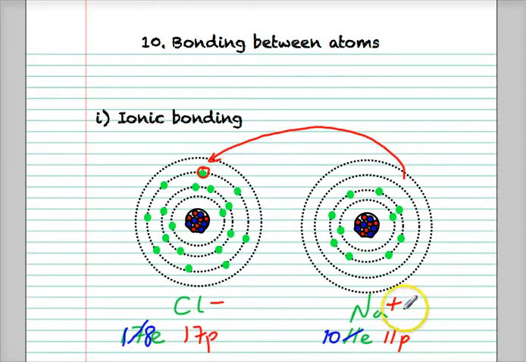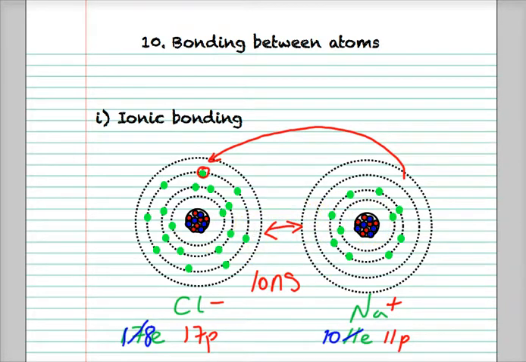Now the result of this is, just like magnets and opposite poles attracting, these positives and negatives will attract one another. And these two particles that we now call ions will tend to stick together. Ions are basically charged atoms, and this is why we call this ionic bonding.